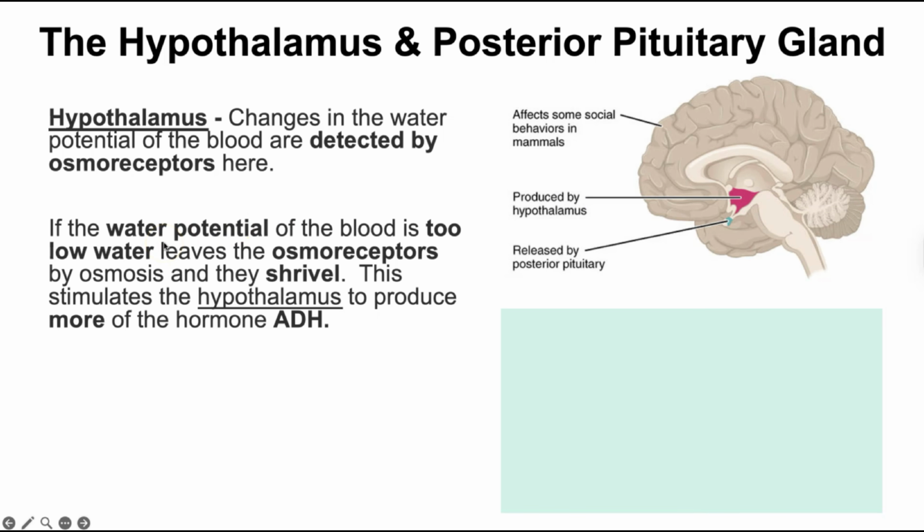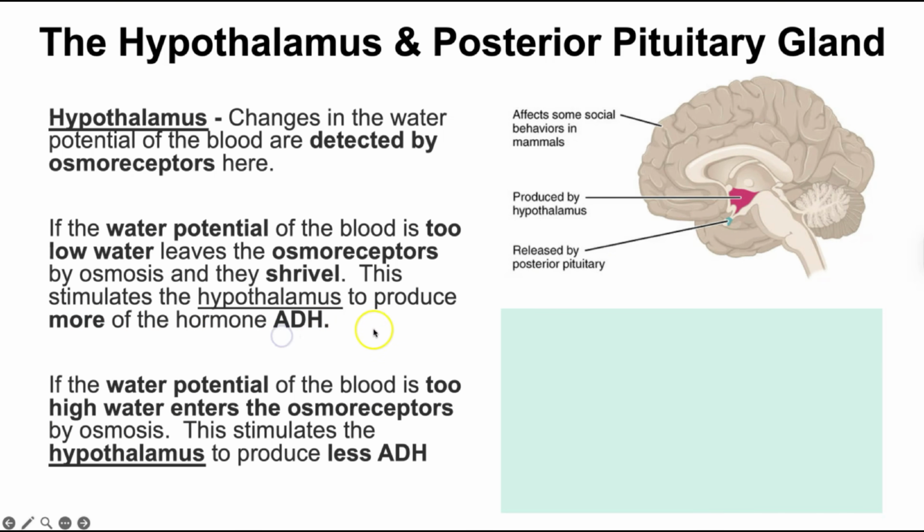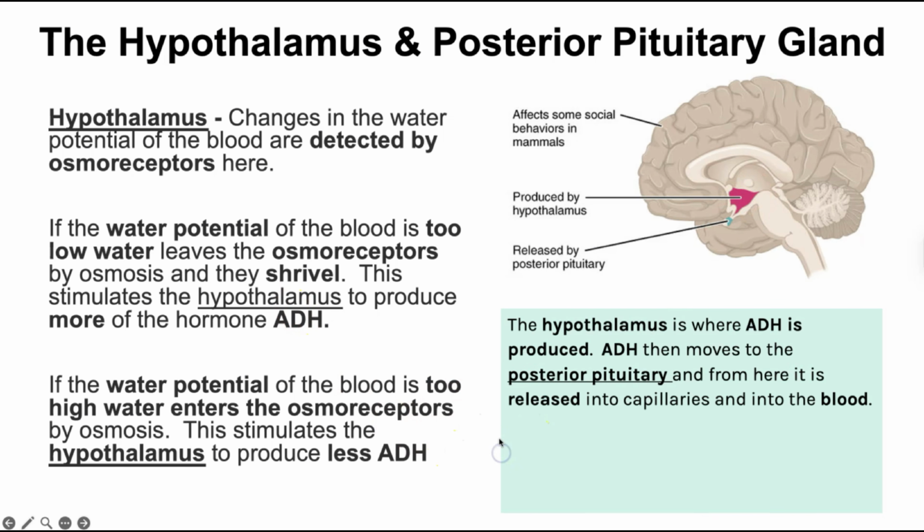So if the water potential of the blood is too low, water is going to leave the osmoreceptors in the hypothalamus, causing those cells to shrivel, and that stimulates the hypothalamus to produce more of the hormone ADH, antidiuretic hormone. And if the water potential of the blood is too high, water enters the osmoreceptor cells by osmosis, and that stimulates the hypothalamus to produce less ADH.